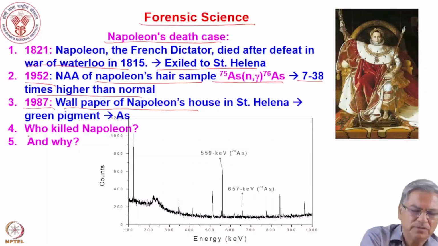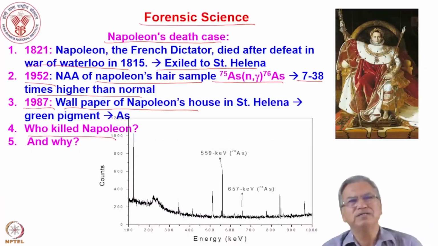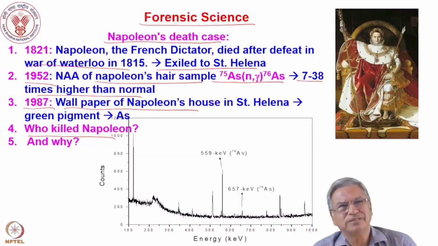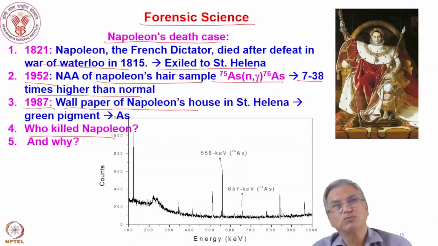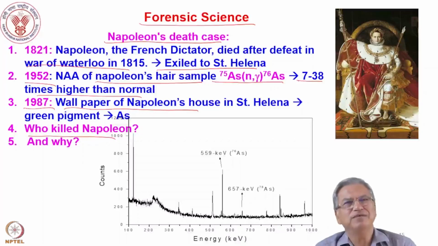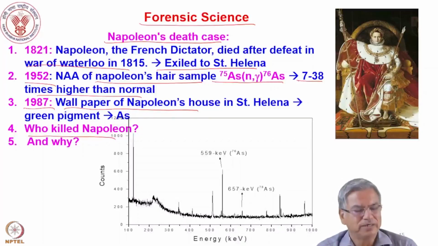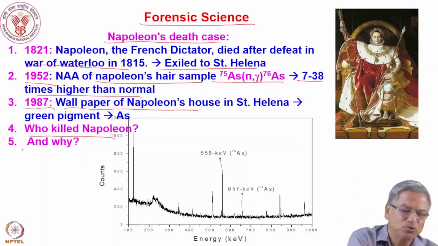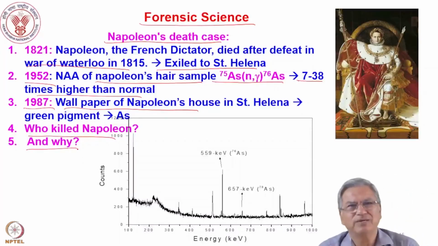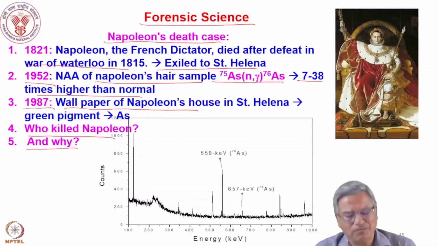There was a theory at that time that Napoleon was poisoned slowly by giving him arsenic-laden food, but it was not known who killed Napoleon. And of course, what was the motivation for killing Napoleon, because he was already in exile? But it generated a lot of interest among historians.